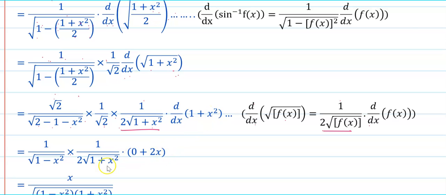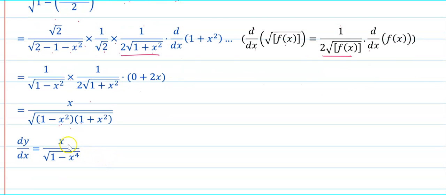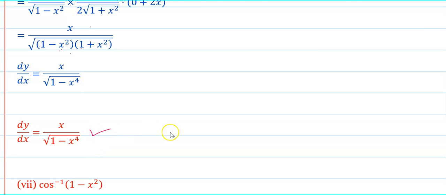Next simplification: this 2 and 2 will get cancelled, and then you will get x upon root of (1 minus x squared) into (1 plus x squared). Using (a minus b)(a plus b) equals a squared minus b squared, 1 squared minus x squared squared means x raised to 4. Hence dy/dx is equal to x upon root of (1 minus x raised to 4). Okay, and hence this is the answer.